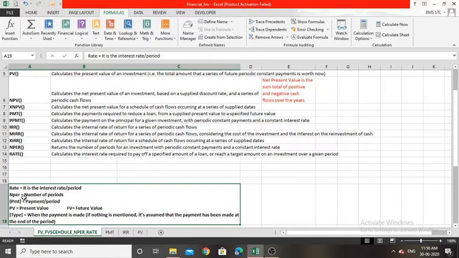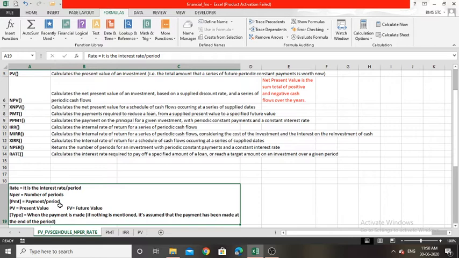Then NPER is the number of periods, meaning how long you will need to deposit or to get that money. PMT is the payment per period. If you deposit an amount today, then after 1 month you have to pay an amount, like a loan amount or some kind of transaction.